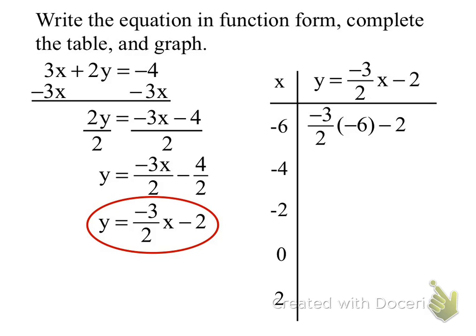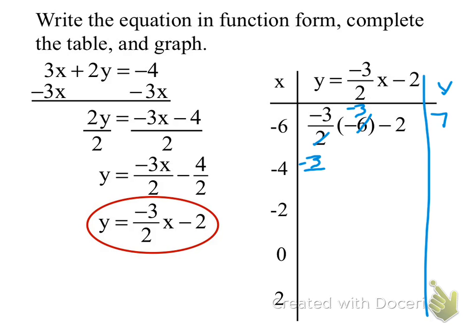Negative 6 is a multiple of 2. Now what I can do is cross-cancel my denominator. I'm left with negative 3, and negative 3 times negative 3 is 9, minus 2 is 7. And so there's my y. The ordered pair is negative 6, 7.